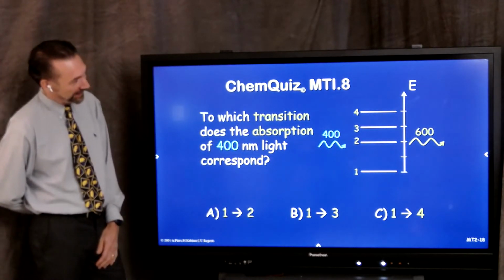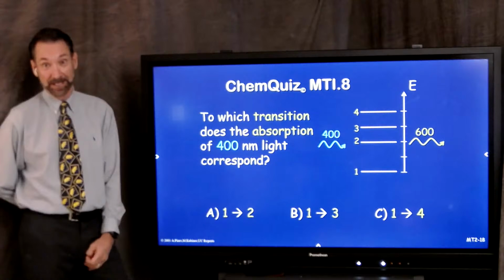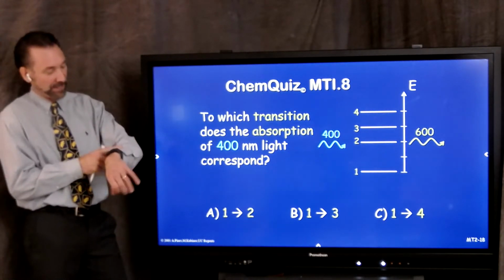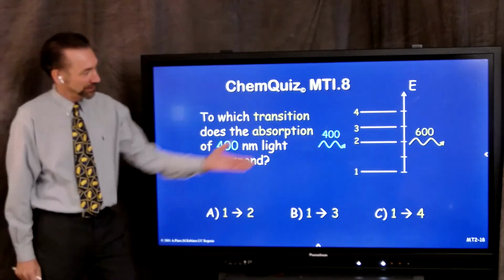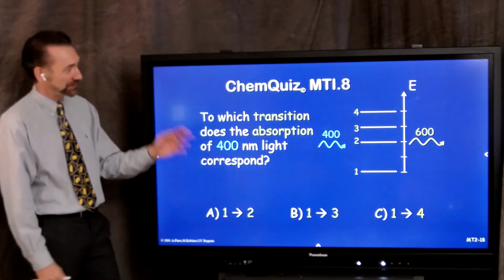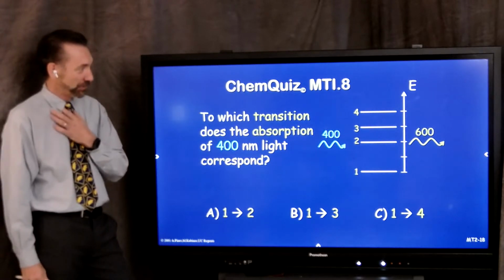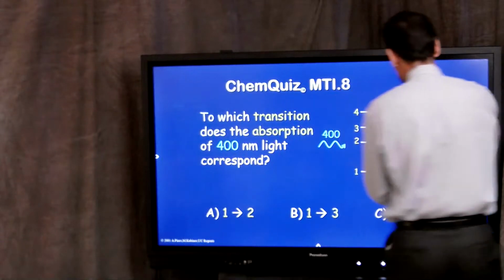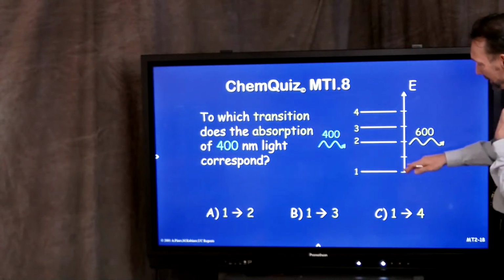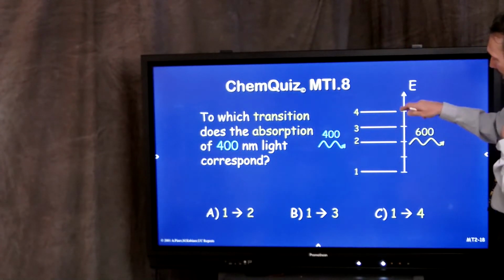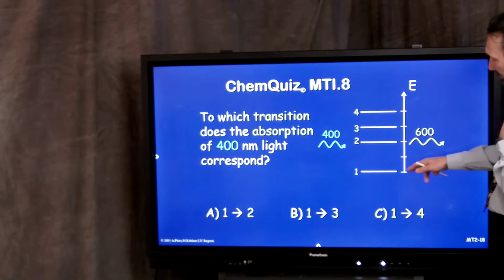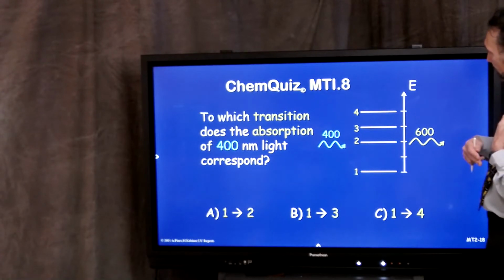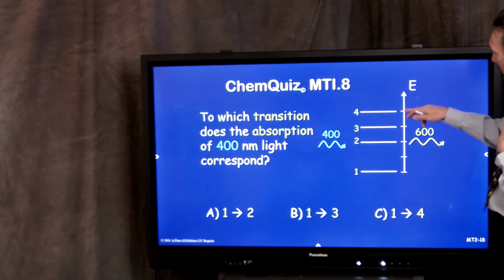So we can talk about discrete absorption and emission now as well. We did continuous absorption and emission, so let's talk about the discrete case where it's individual photons. Here I have an energy level spectrum, with the relative energies marked off.